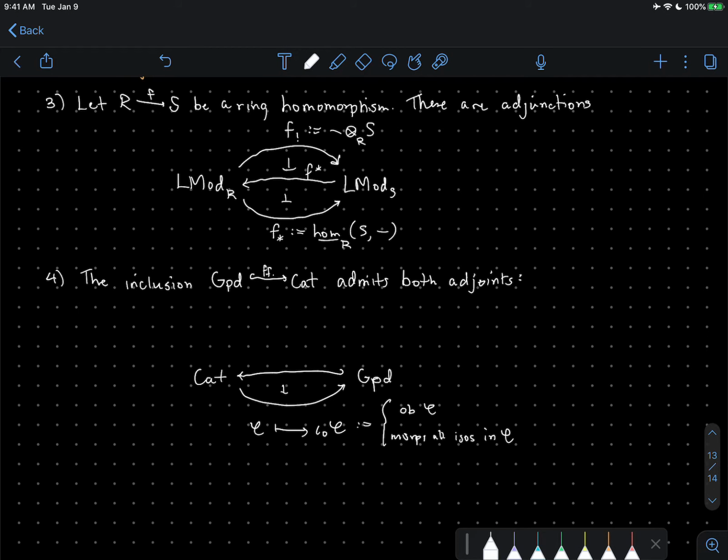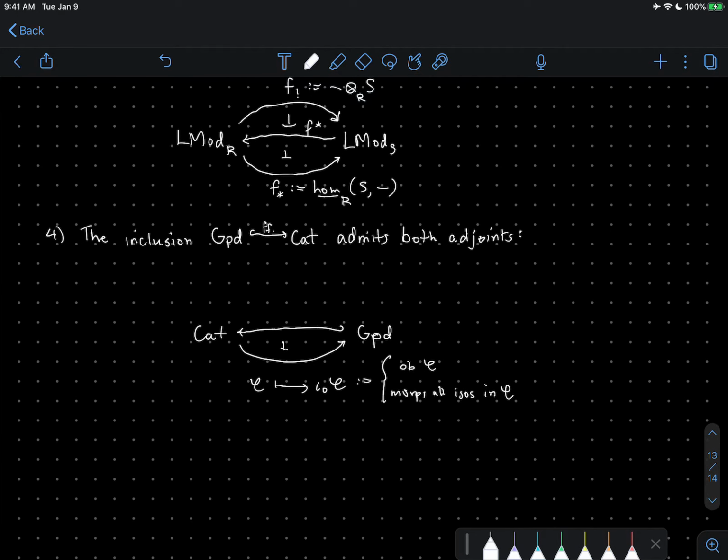So it's a groupoid by construction. The left adjoint to this inclusion takes a category C to what's called its groupoid completion. So this is the groupoid completion. It's analogous to the group completion of a monoid.